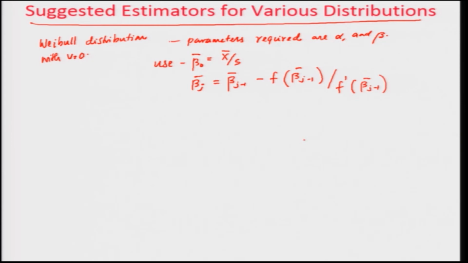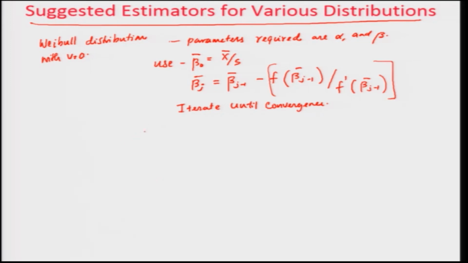Okay. So, what you do is beta j minus 1 minus this ratio, this particular ratio you calculate, right. Then iterate until convergence. Okay. So, you keep on iterating until you get 2 consecutive values of beta j converging to a particular value, beta j minus 1, right.